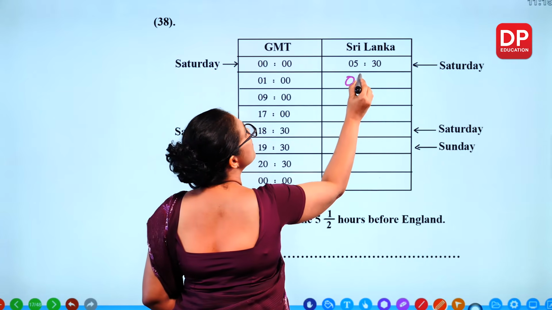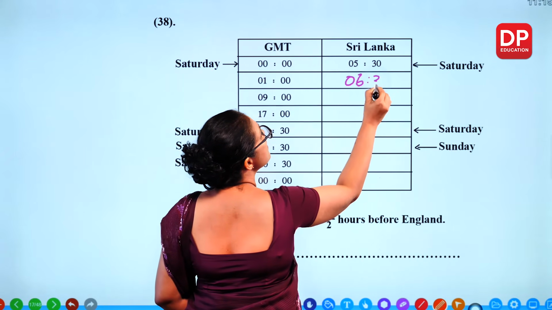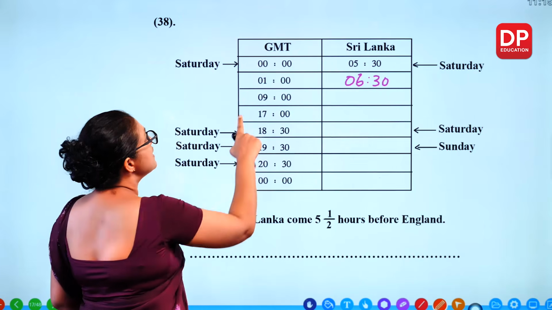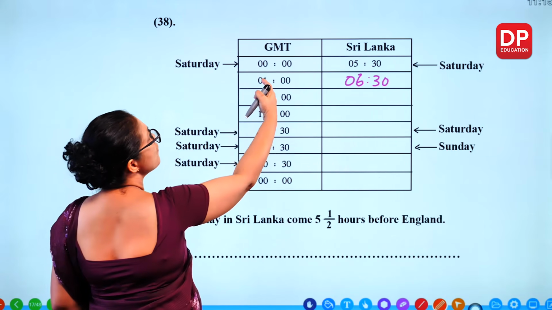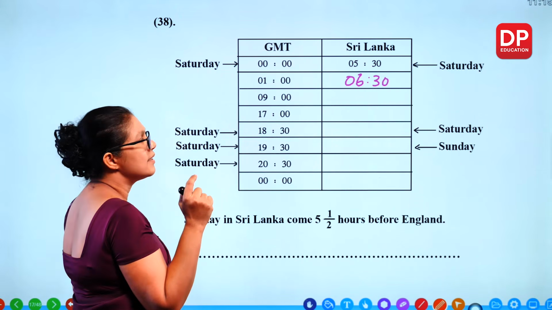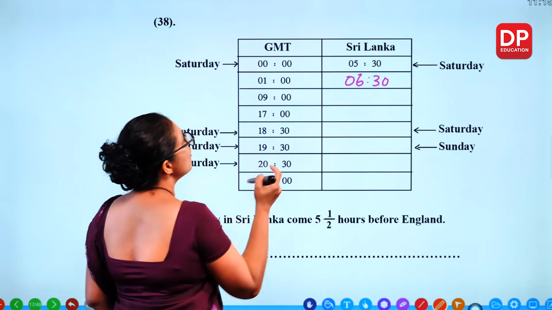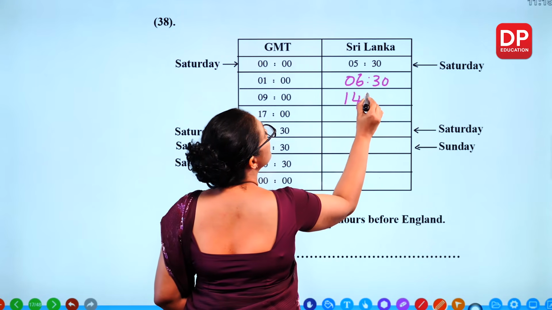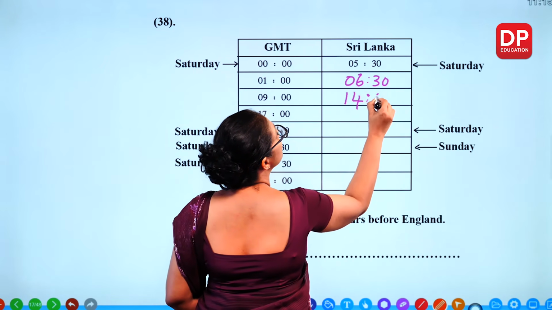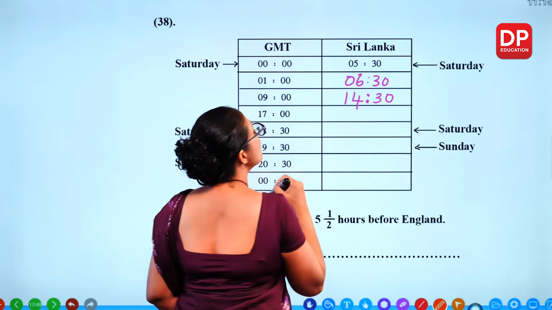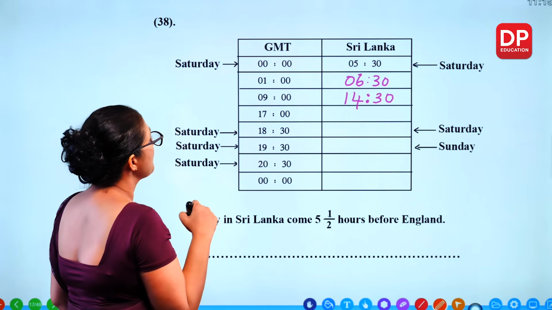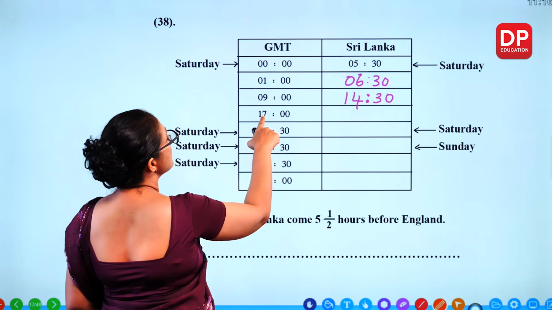So what's the time? 6:30. This is 9, so you have to add 8 to that. 8 plus 6, 14. So 14:30.